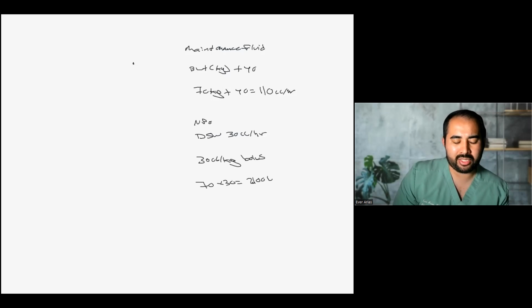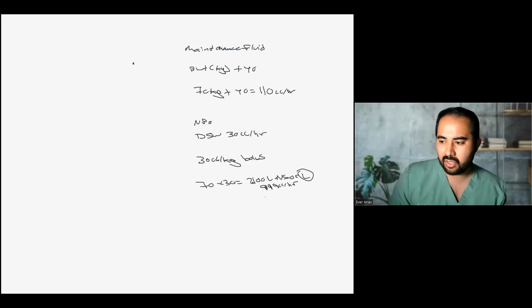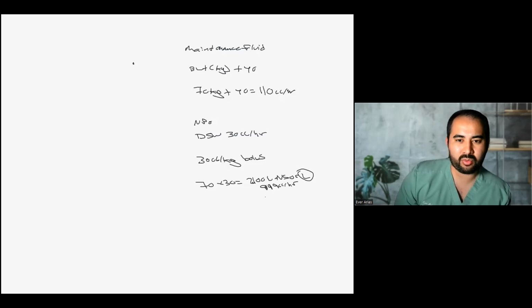So you want to make sure you get 2.1 liters of either normal saline or LR. I prefer LR. That's a bolus, and it's going to run 999 cc's per hour, so basically 1 liter per hour, essentially. But sometimes they could run it faster and give a bolus of 1 liter every like 30 minutes or so. So they're getting it pretty fast though.